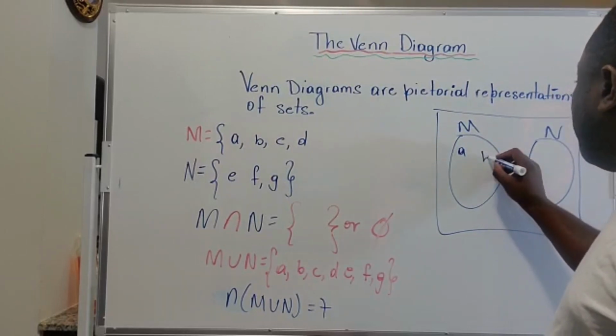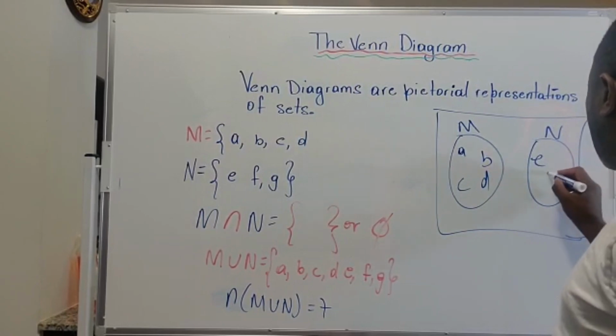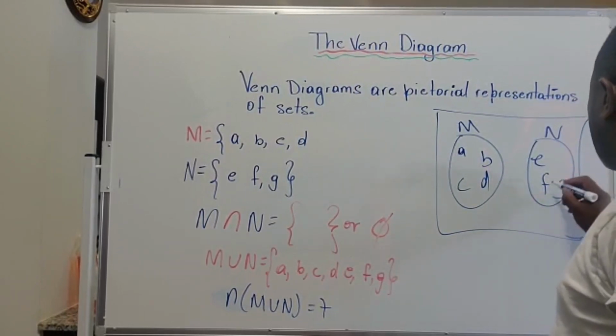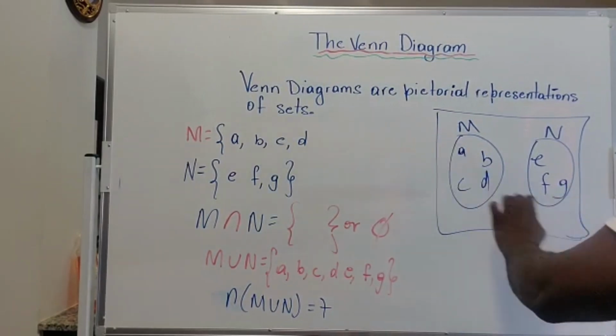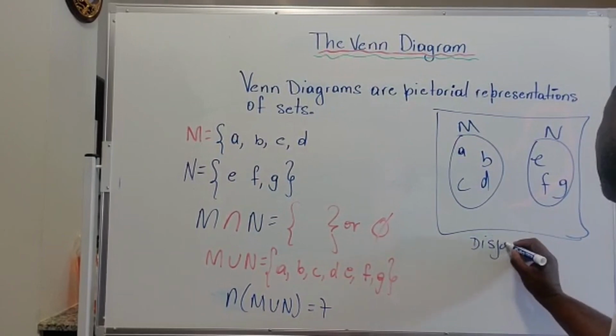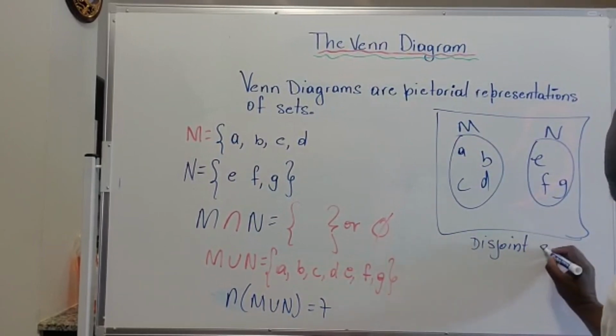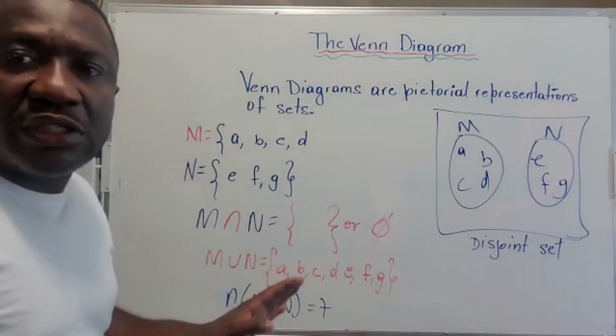A, B, C, and D. What are the elements here? E, F, and G. In this case, where the elements are not common, we refer to it as a disjoint set. Still representing on a Venn diagram, but this time no common elements. We refer to it as a disjoint set.